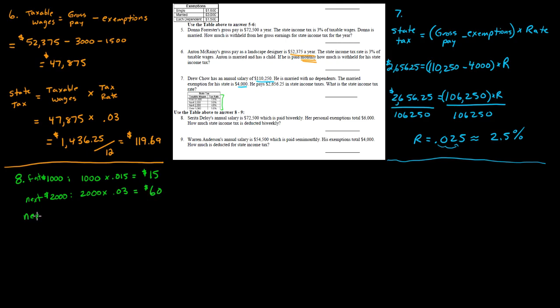The next $2,000, it's 2,000 times my rate here, which is 4.5%. I multiply that out and get $90.